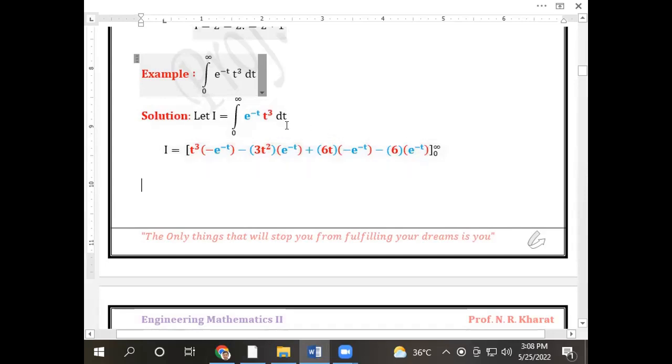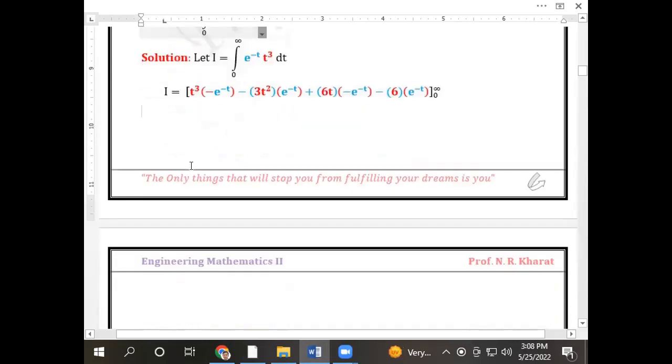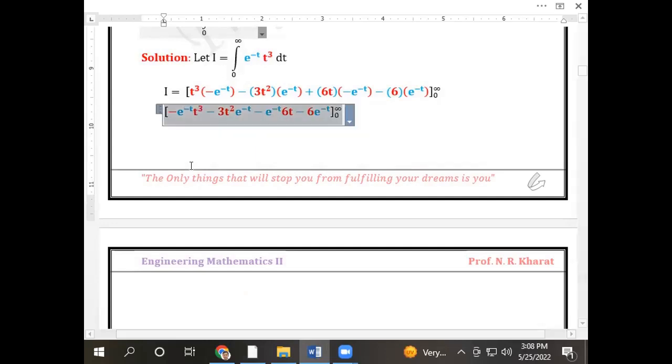At the same time, we take the integration of e raised to minus t, which is minus e raised to minus t. Again its integration is minus e raised to minus t, and again its integration is e raised to minus t. Making the simplification, taking the minus sign outside the bracket and multiplying the minus signs, we get this.